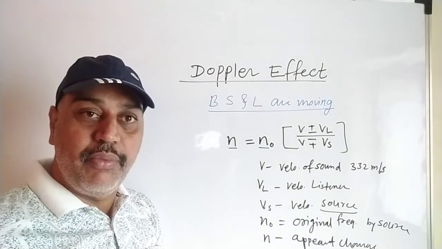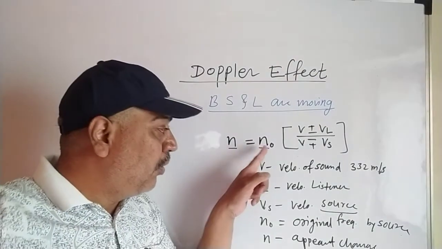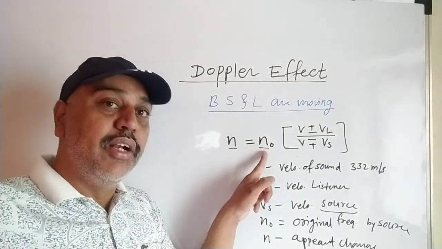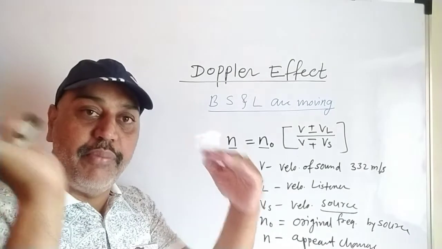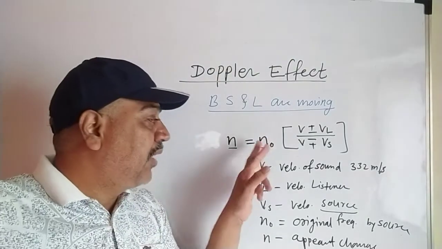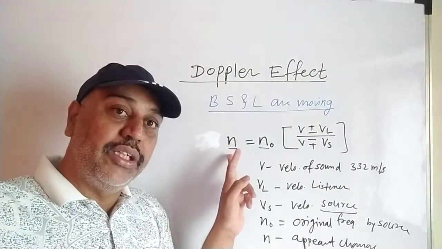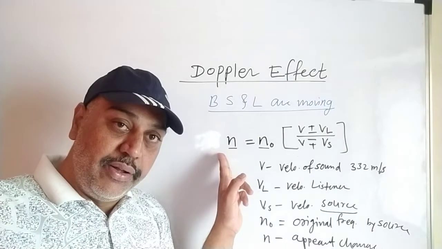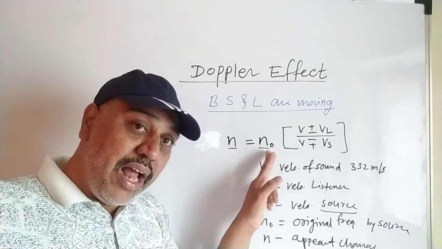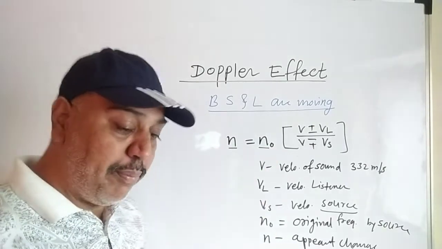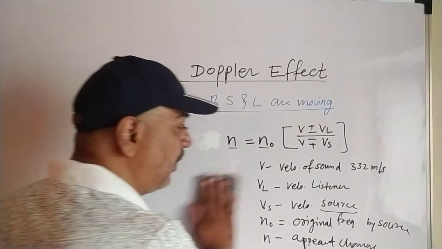The frequency heard by the observer would be less than or greater than the original due to their motion, when they are moving toward each other or either one is moving away. Due to that, the actual frequency heard is an apparent change in frequency due to relative motion. The original frequency of sound is N0. This formula all of you have to remember.